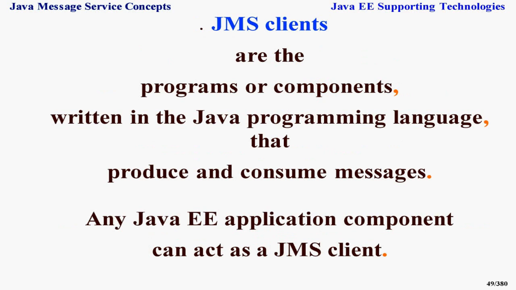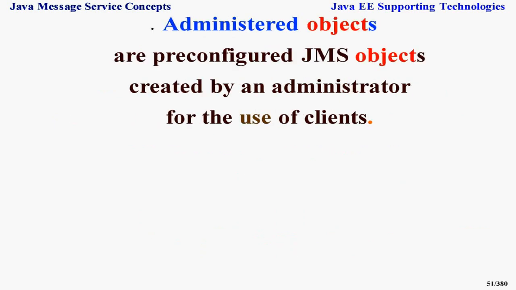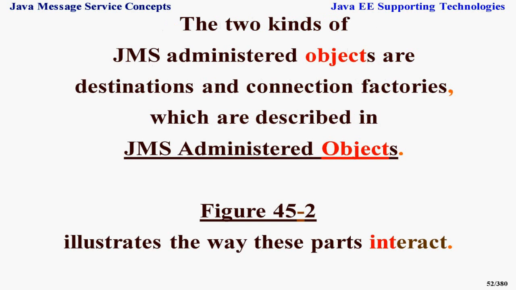Any Java EE application component can act as a JMS client. Messages are the objects that communicate information between JMS clients. Administered objects are preconfigured JMS objects created by an administrator for the use of clients. The two kinds of JMS administered objects are destinations and connection factories, which are described in JMS administered objects.